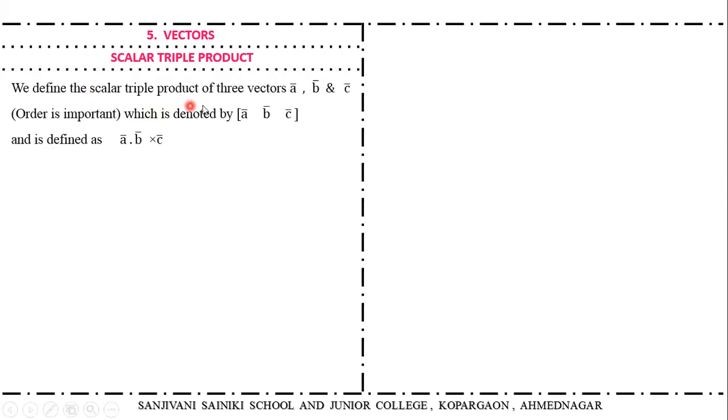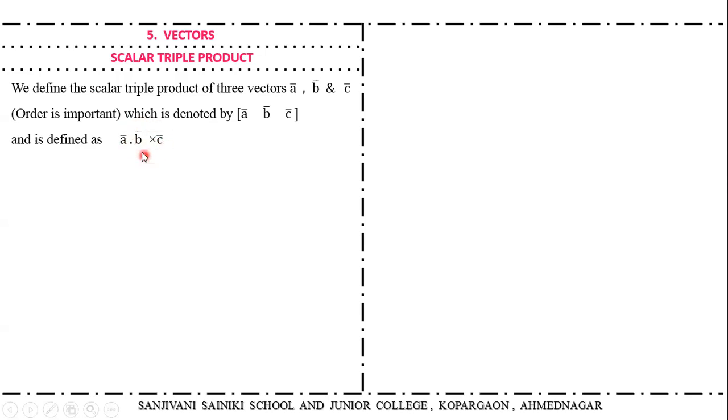We define the scalar triple product of the three vectors a bar, b bar and c bar. Here the order is important in which we write the vectors. The scalar triple product is defined as a bar dot b bar cross c bar.